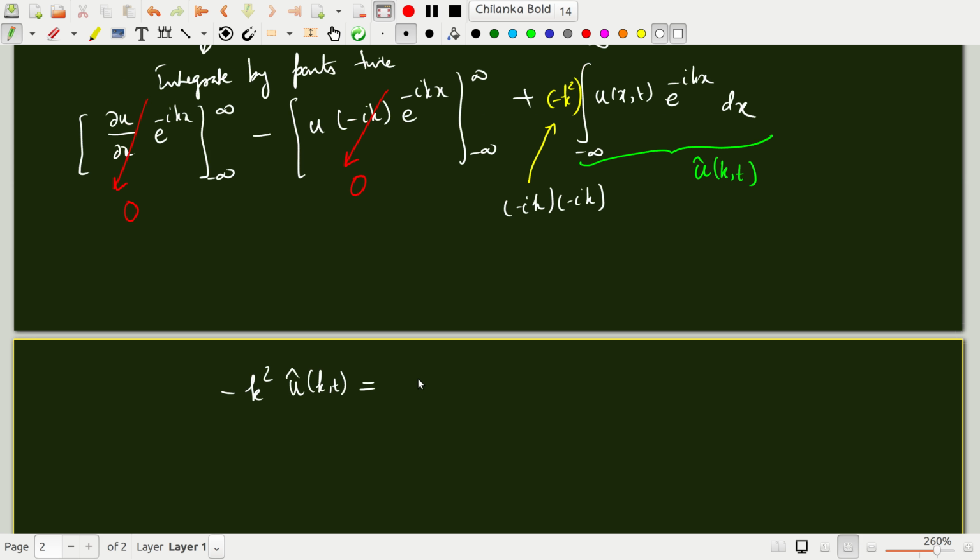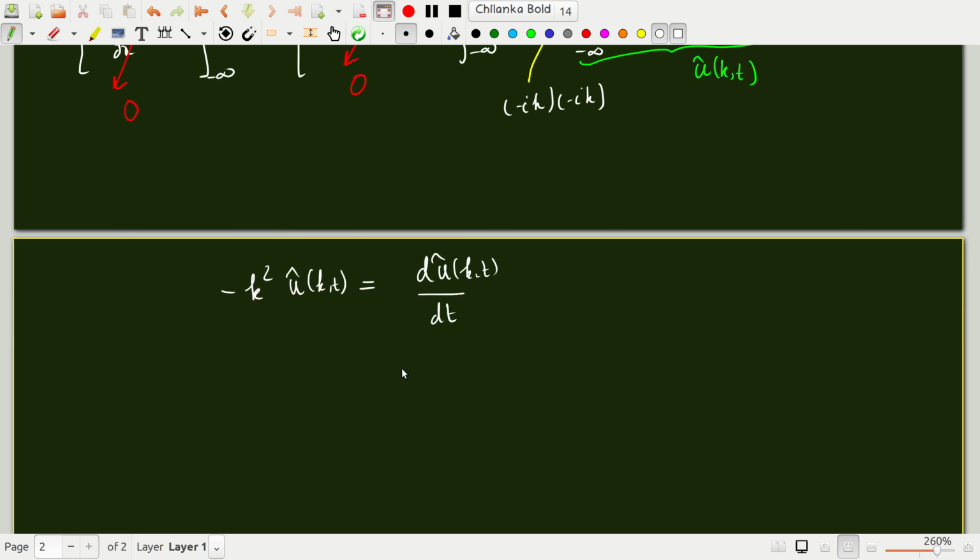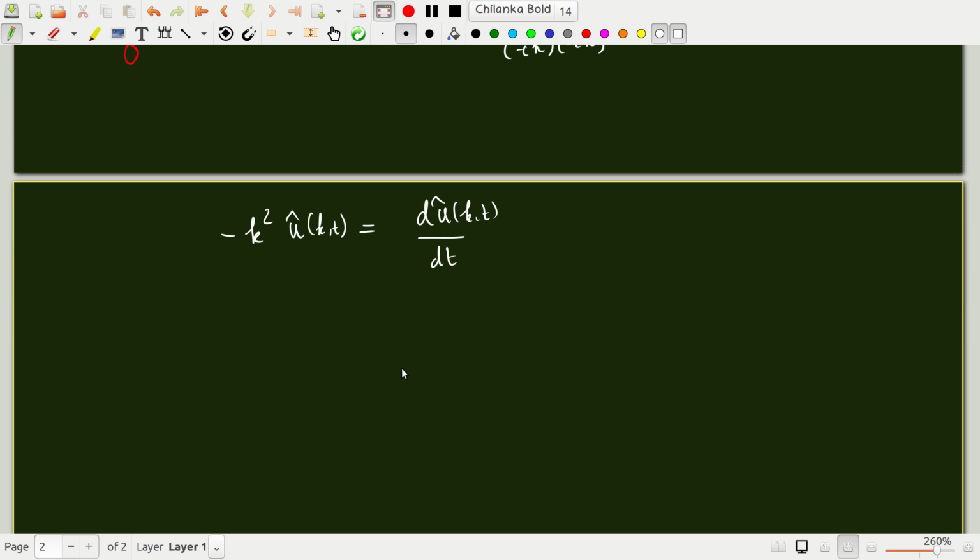The right side has du hat by dt. Because insofar as this equation is concerned, there is no derivative with respect to k, we can think of this as an ordinary differential equation in time, although it's a function of two variables.